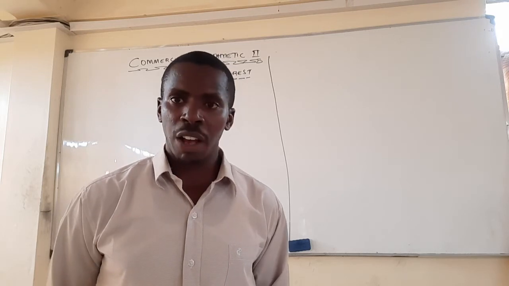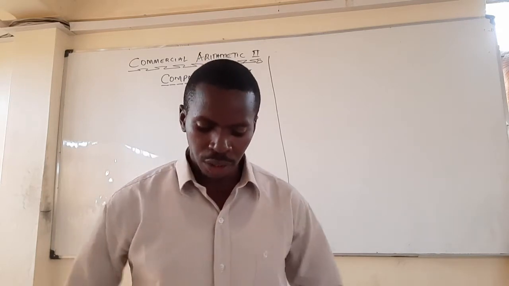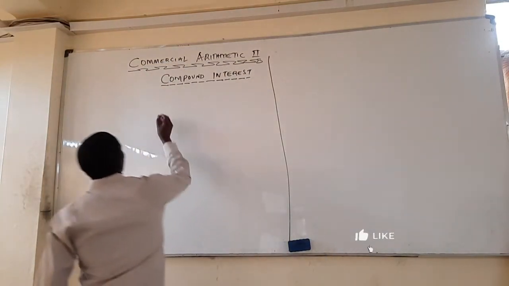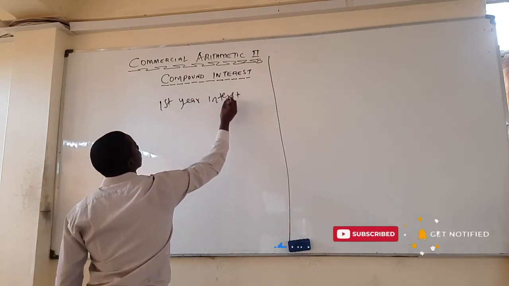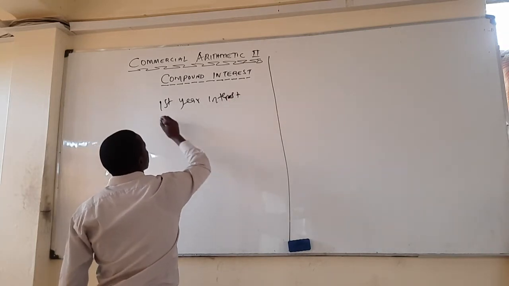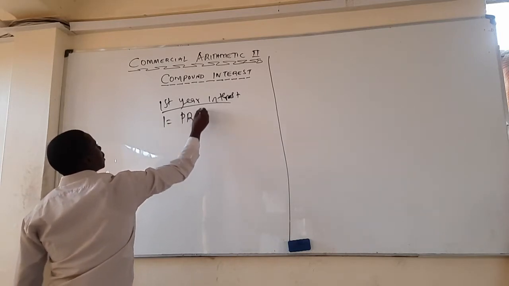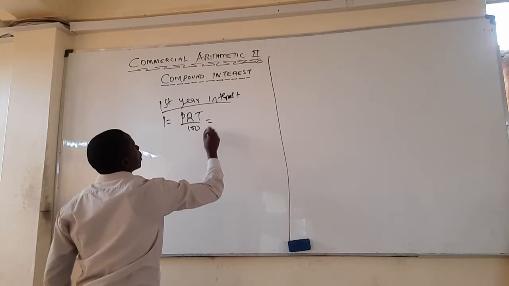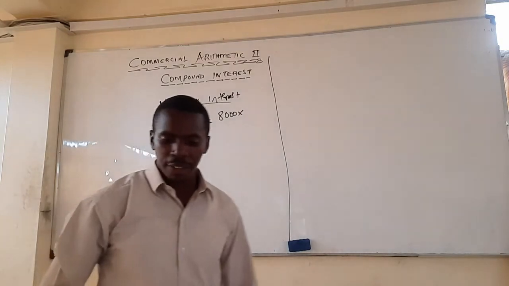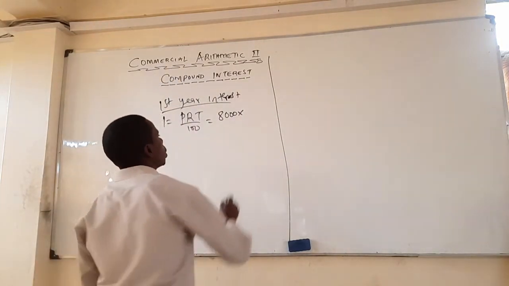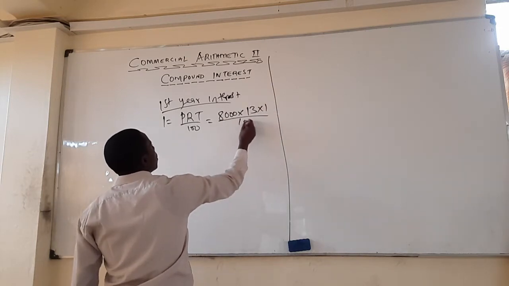It is for 2 years, so we are going to have the first year and the second year. So first year interest will be, of course, given by principal times rate times time over 100, and in this case principal is 8,000 multiplied by the rate, which is 13%, times time, the first year, so it is just 1, divided by 100.